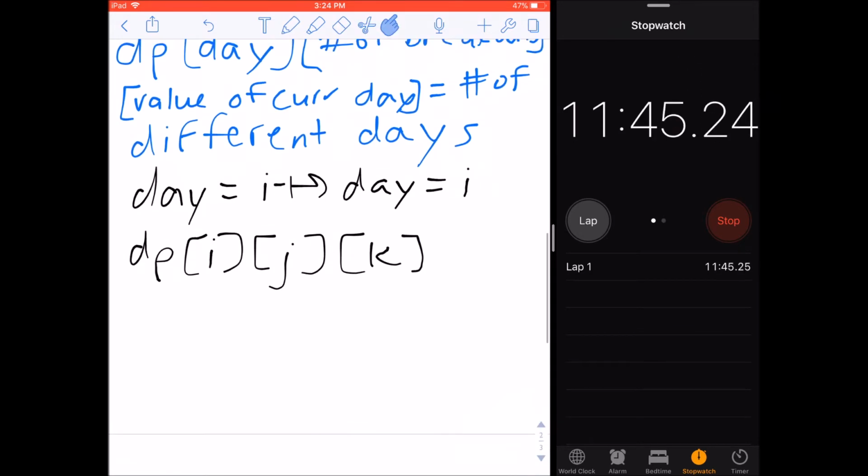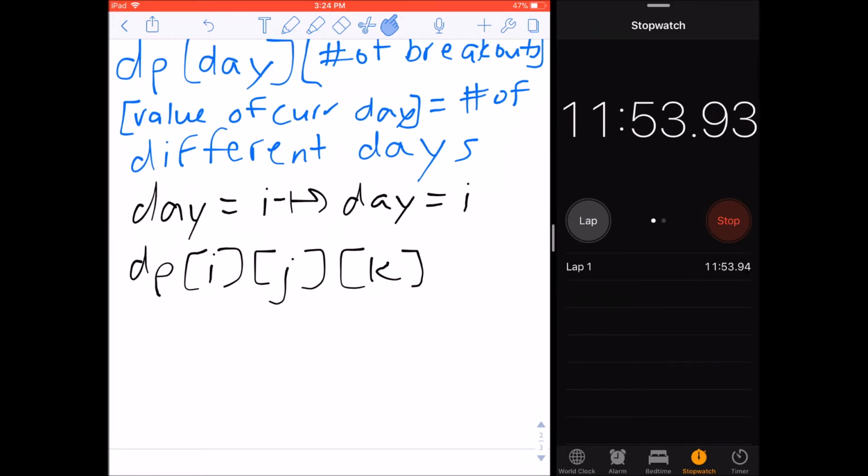How do we solve this? So let's see, we'll take a minimum of a bunch of things because we're trying to find the minimum number of different days. Okay, so either we break out on the current day or we do not break out on the current day, right? I think I got something.